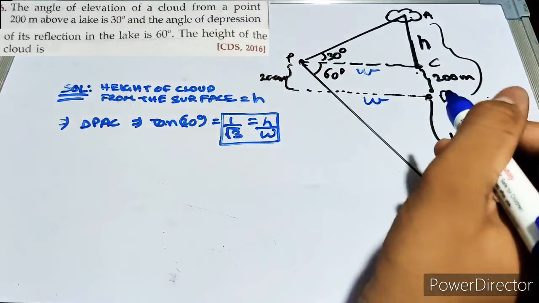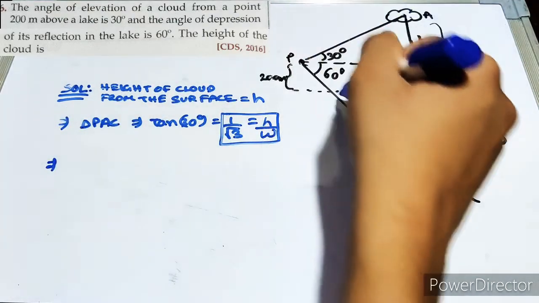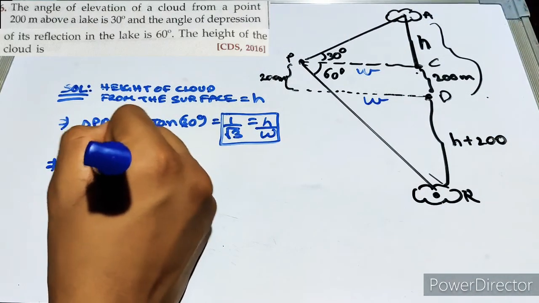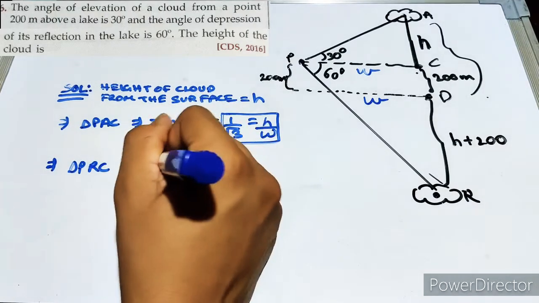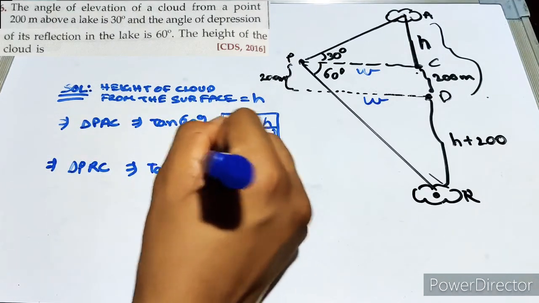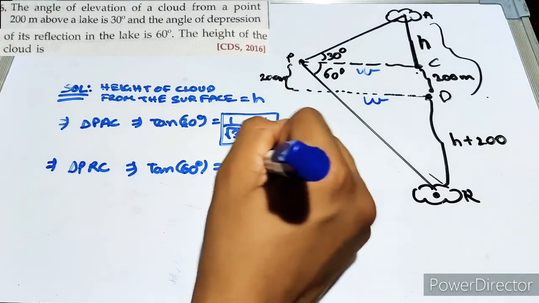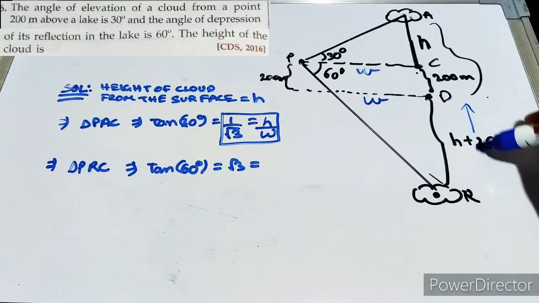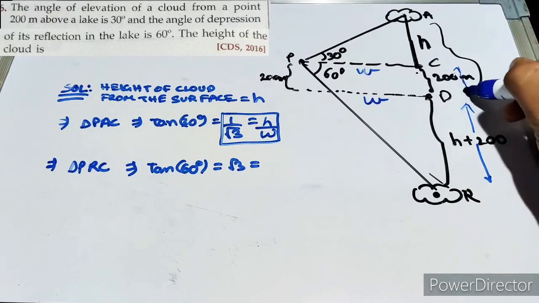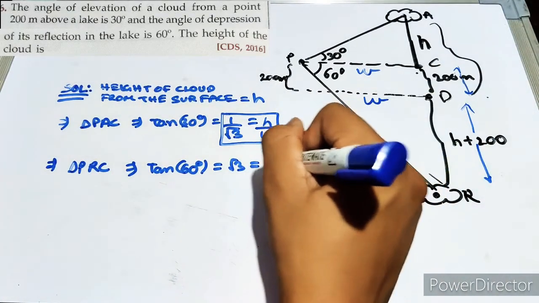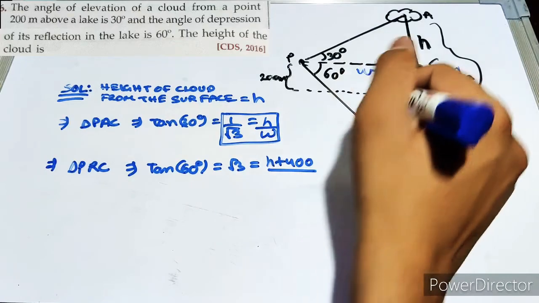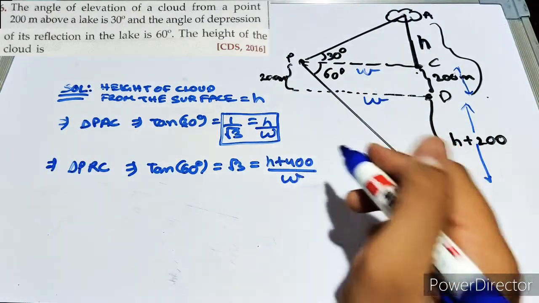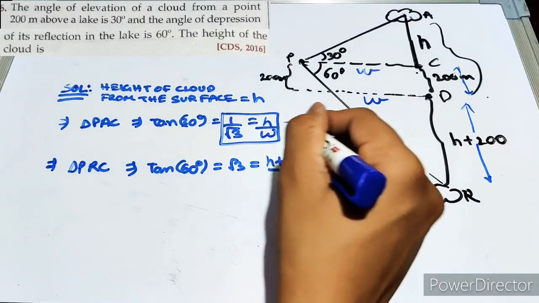So this is our first equation, and from the bigger triangle P, R and C, we can simply say that tan 60 degrees, which is root 3, is equal to h plus 400 upon W. This distance is h plus 200 and this distance is an additional 200, so the total is h plus 400, and the base is W. We need h, so we can eliminate W using the first equation.